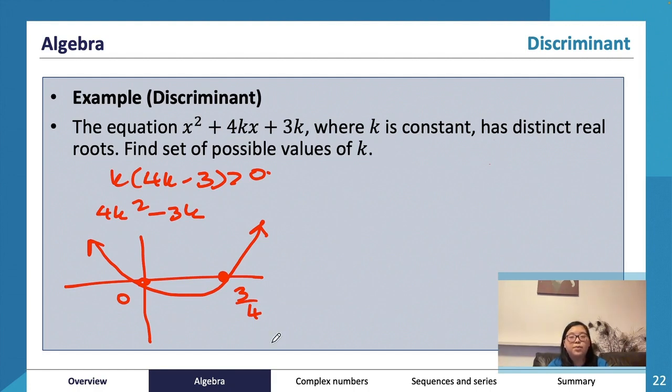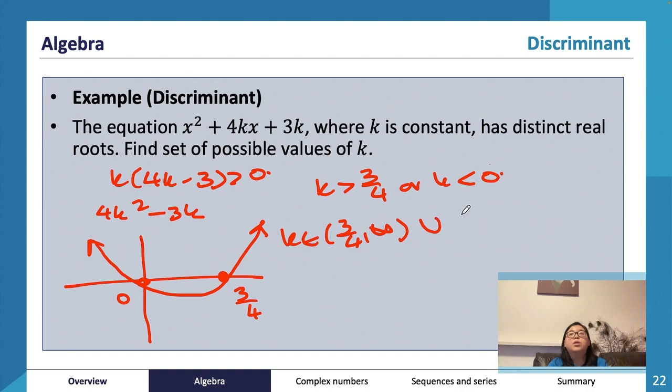Now there's a number of ways that we can write possible values of k, and it doesn't really matter which particular way you write it, as long as you write the correct gist of it, right? You can either say k is greater than 3 on 4, or k is smaller than 0, or you can write k belongs to 3 on 4 to infinity, union with negative infinity to 0.